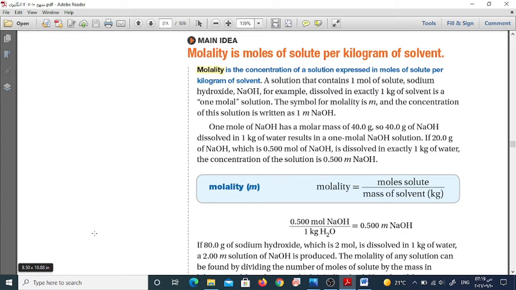Okay, one of you may ask why we use the kilogram of solvent here. Actually, when we deal with temperature, the volume may change. When we heat the solution, the volume may expand, and so there will be error if we calculate the molarity. Instead, we measure the kilogram of the solvent, for example water.